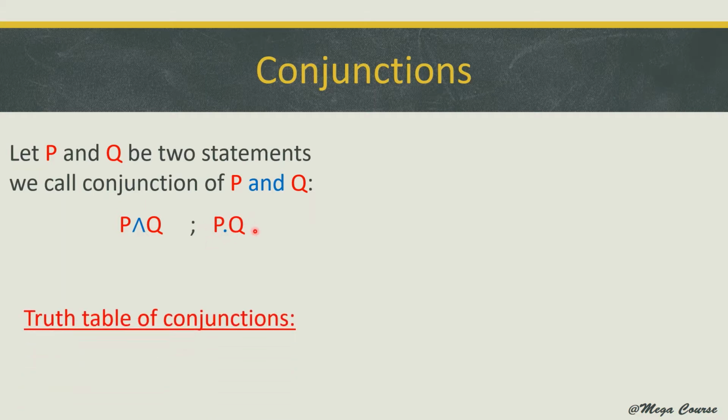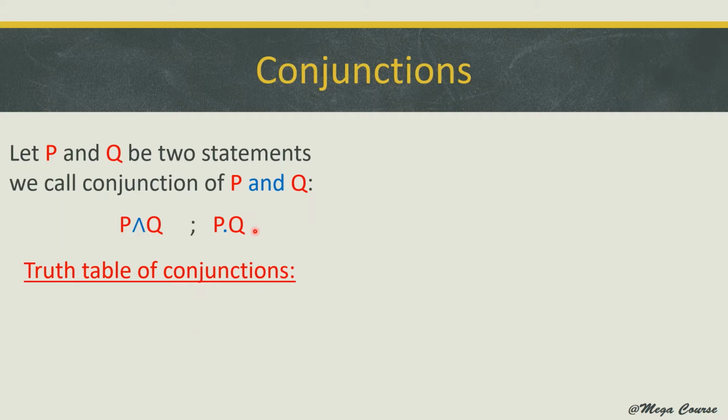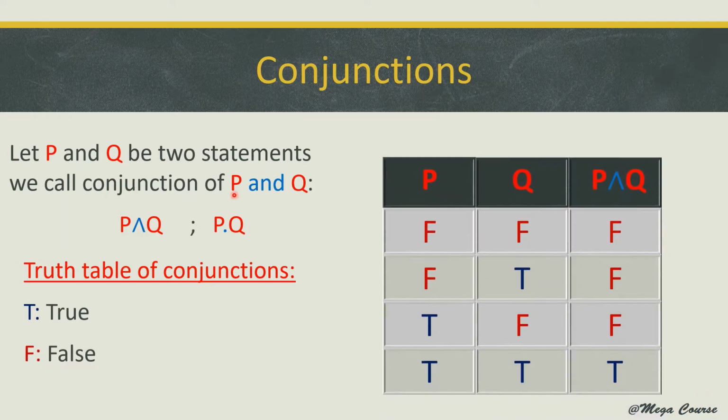The truth value of conjunction: when is the conjunction P and Q true, and when is it false? Let T be true and let F be false. Whenever P is false and Q is false, the conjunction P and Q is false.